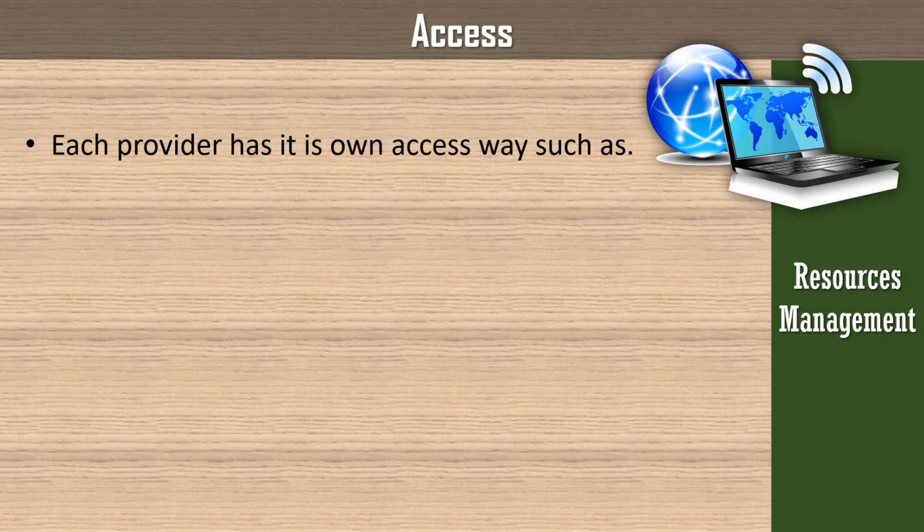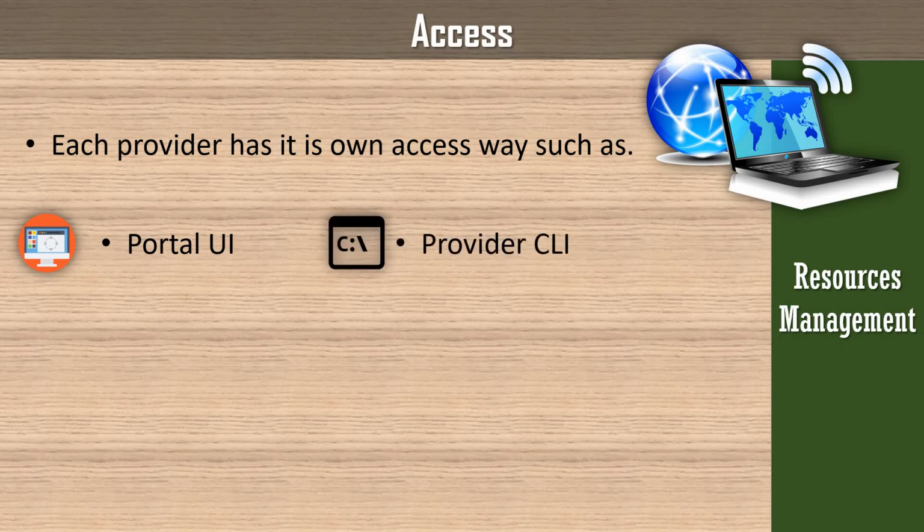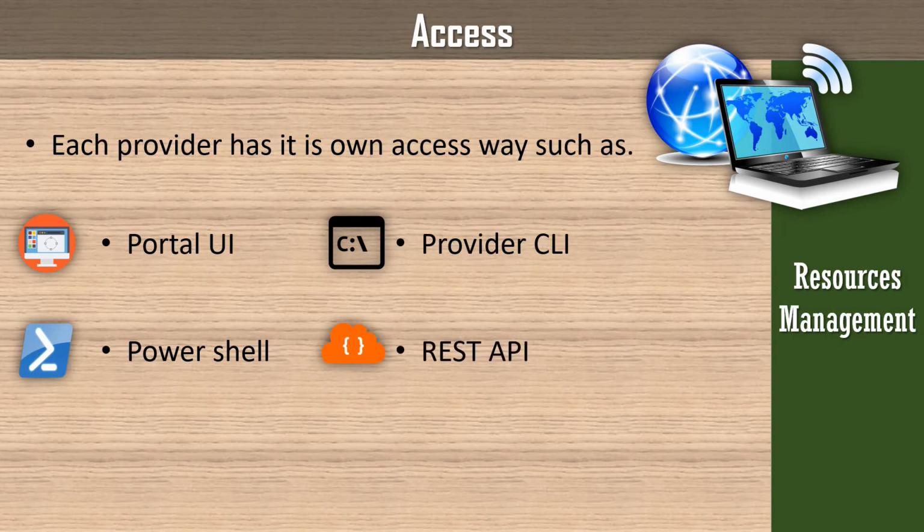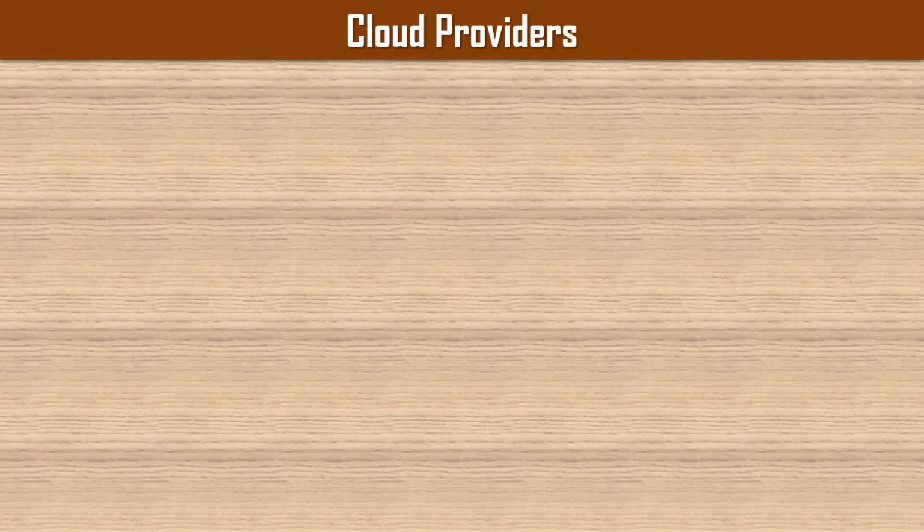For example, with identity or whatever for security, they will give you the access. But when you want to access your resources, you can use the portal user interface from that cloud provider. You can use the provider command line interface in some situations, or PowerShell. You can also use the REST API to connect with your resources over the internet.